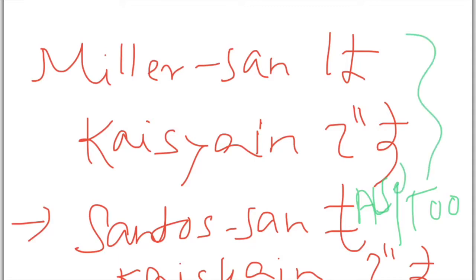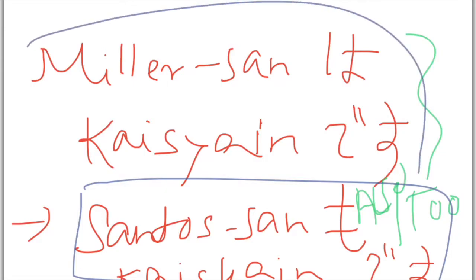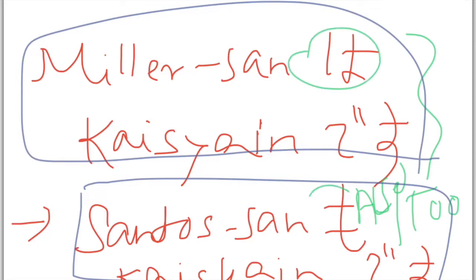This usually marks a similar kind of sentence. But always remember, we cannot directly say Santos-san mo kaishain desu. This second sentence will always come after you speak the first sentence, during a conversation. This is what we need to remember about the particles wa and mo.